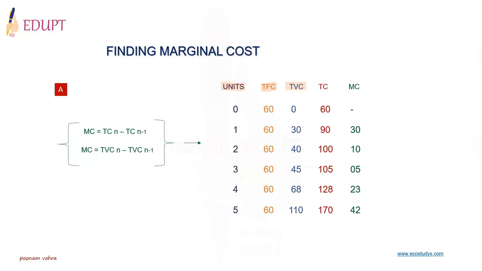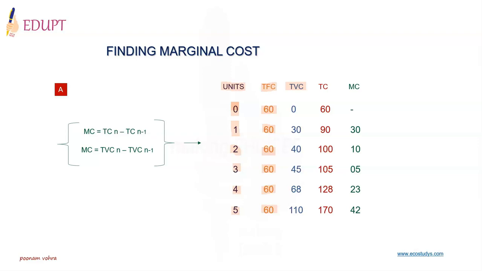Units produced are in sequential order varying from 0 till 5. It is known that total fixed cost remains constant, which is 60 in this case, whether 0 unit is produced, less units are produced or more units are produced.